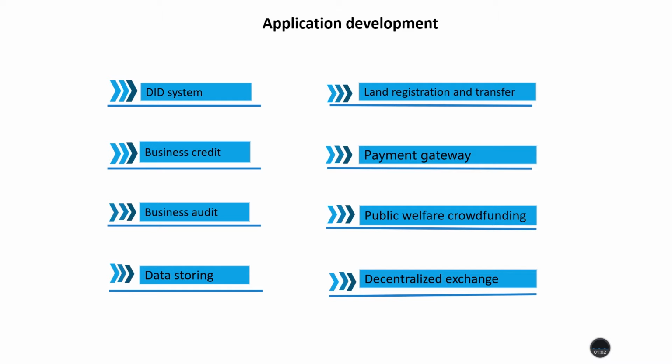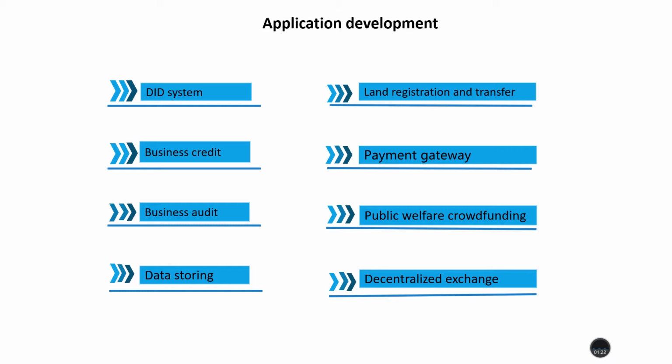And here are some thoughts we gave to developers, so you can refer to. The first one is a DID system, and the second one, you can use Bytom to build business credit, and you can also use it for business audit.